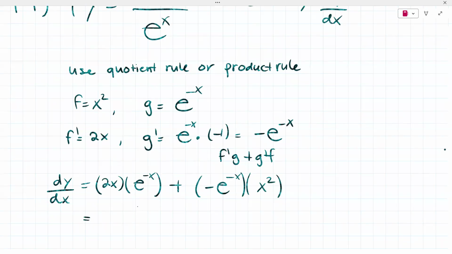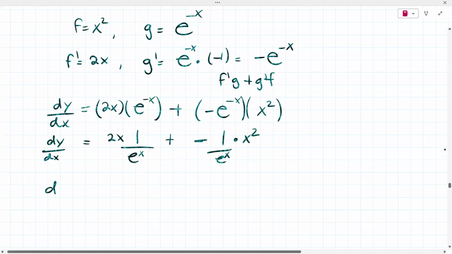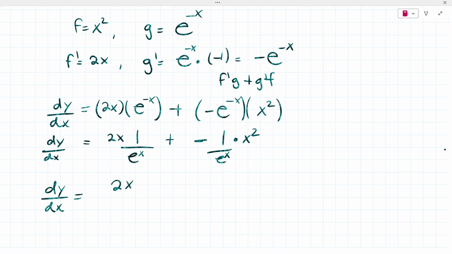e to the negative x can be written as 1 over e to the x, and then you have 2x here, plus the same thing here. You have a minus, and then e to the negative x is 1 over e to the x times x squared. So this is going to be dy/dx equals 2x over e to the x minus x squared over e to the x.